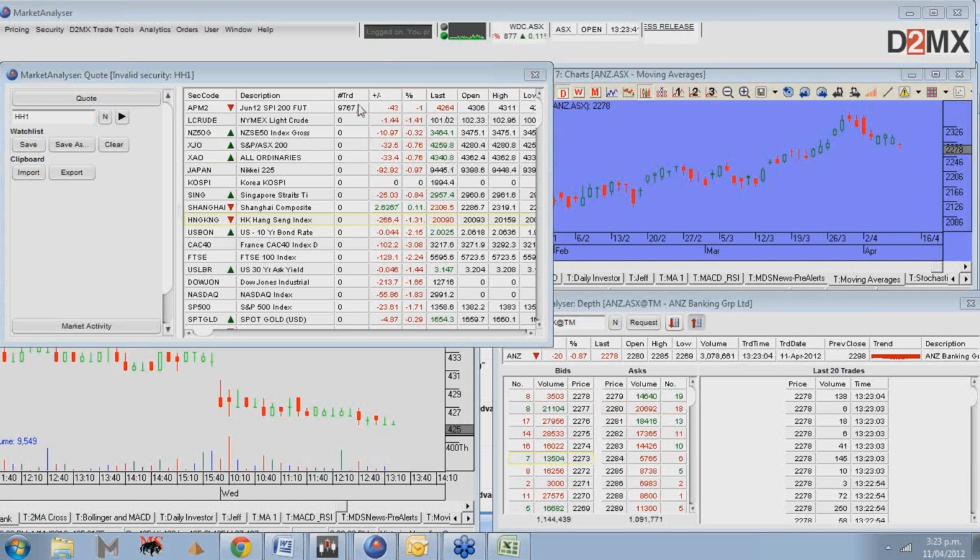So it should be the right one. If you're still having problems with that, Jason, give them another call on the help desk and work through it. But it certainly is showing the right pricing according to my screen. APM1 appears not a valid symbol, but have a chat to them about it.